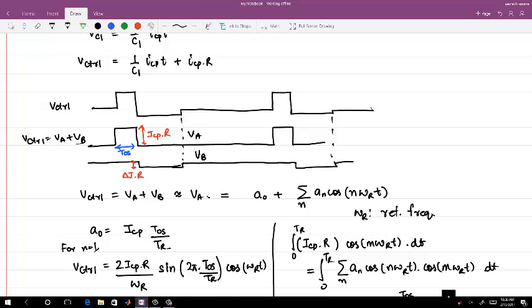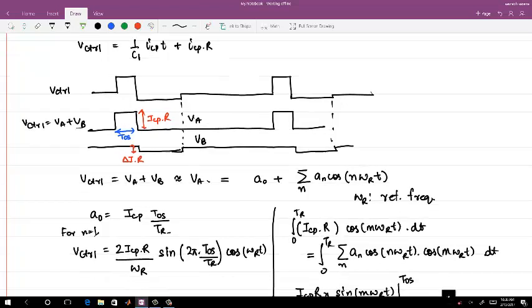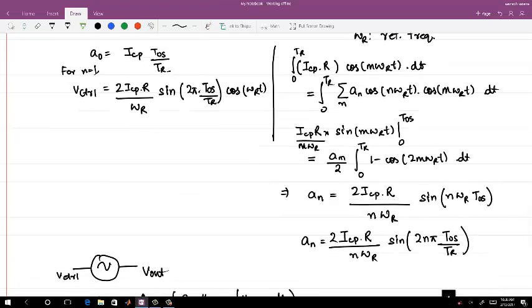If I start doing all the sine and cosine, I think we will be lost in the sheer maths. That's the thing I am still trying to avoid. So again, I am making an approximation here, in order to keep it simple: this is 2 ICP R by omega R, and I say sine of theta is equal to theta.